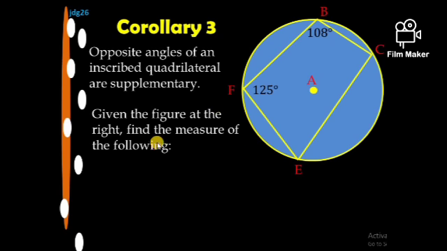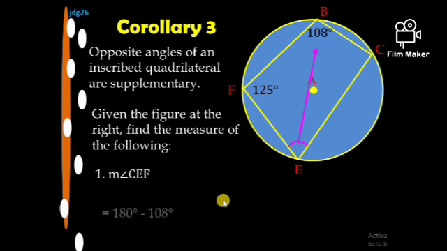Given the figure at the right, find the measure of the following. Find the measure of angle CEF. So, CEF is this one. CEF. So, ito yung angle. Ngayon, tingnan natin kung nasaan ba yung kanyang opposite angle. And ang opposite angle niya ay si angle B, which is 108 degrees.